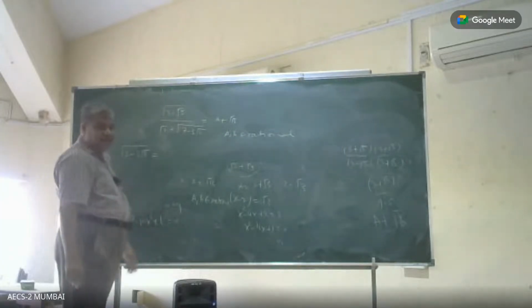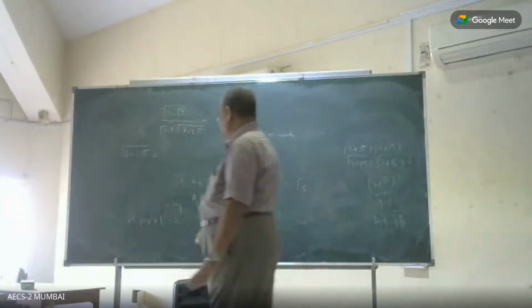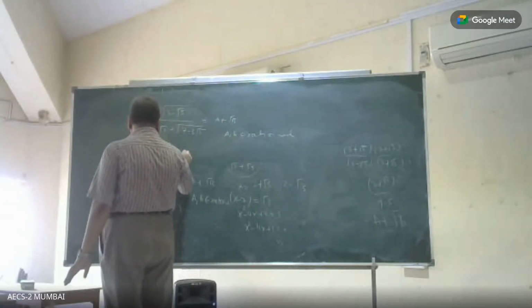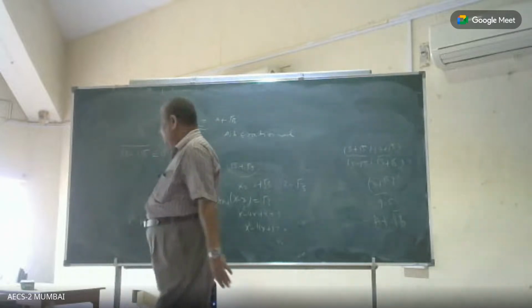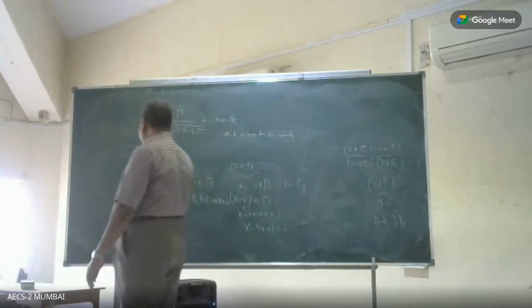And how do we find the square root of this? See the method of finding the square root of a surd. We call it root x minus root y. If it is minus, then minus. Square both sides.